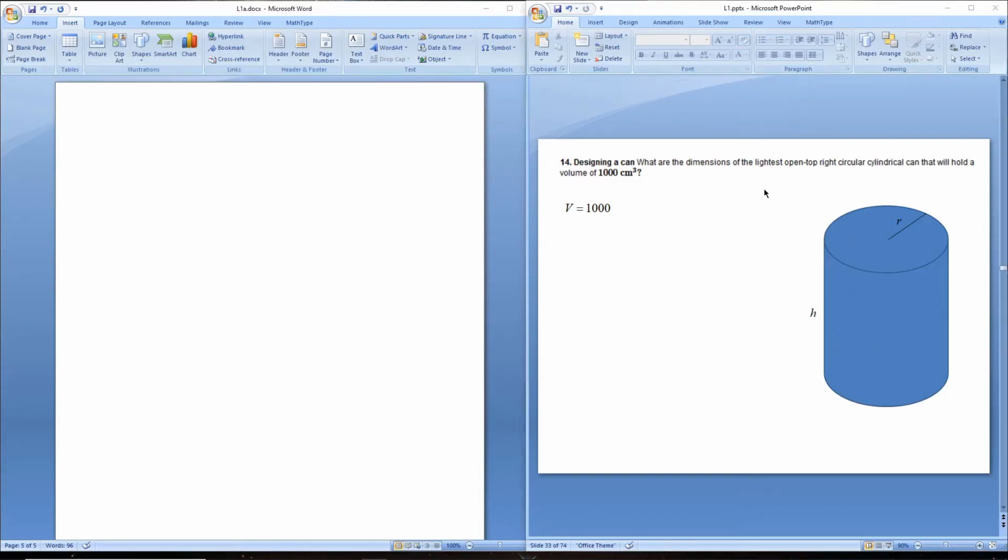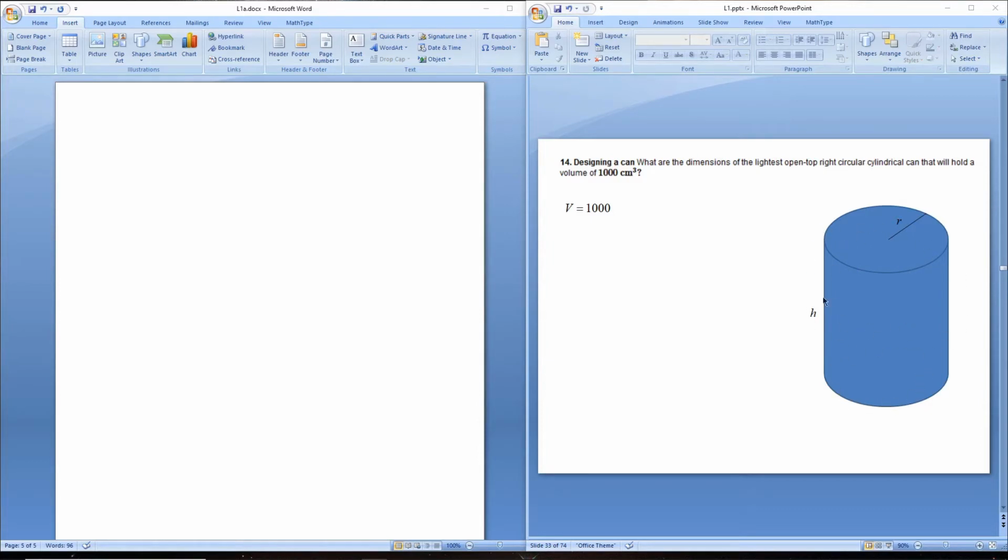And let's focus on what they're asking for. It wants to know the dimensions of the lightest cylinder. Now, lightest here is going to be the least amount of material. And the material makes up the area of this right cylinder. Now, remember, there's no top. So the area means the bottom circle and this part that wraps around.